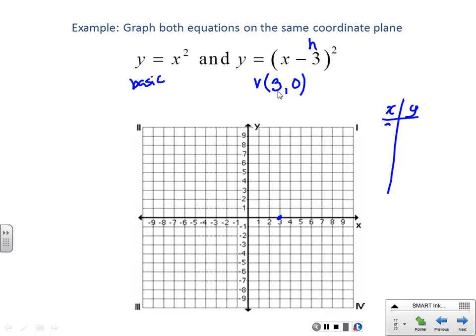So let's go with 2. So 2 minus 3 is negative 1, and negative 1 squared is going to give you a positive 1. So you have an ordered pair of 2, 1, and there's the mirror image. And so you took your basic curve and you shifted it to the right 3.